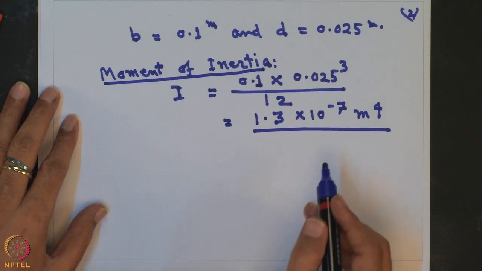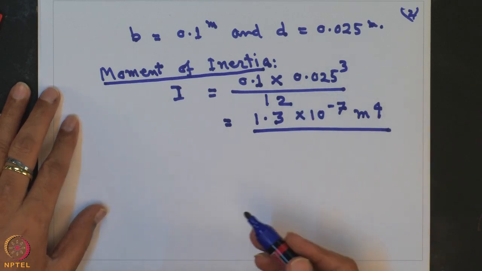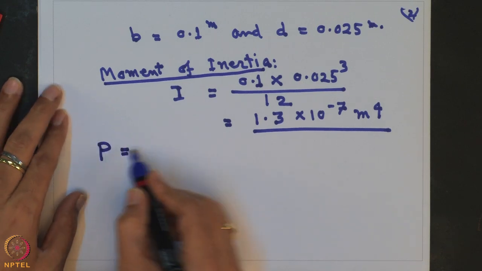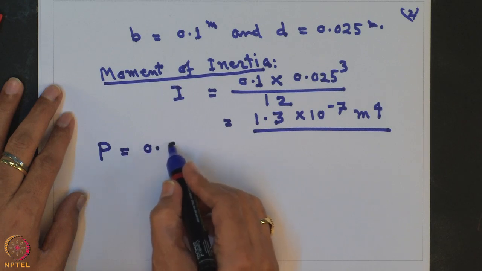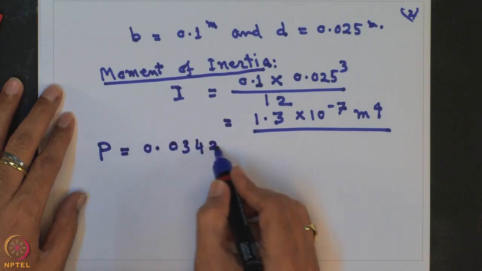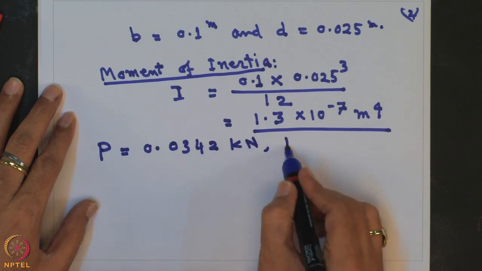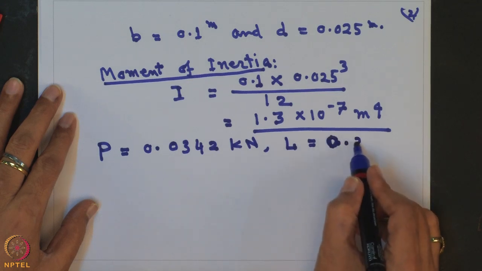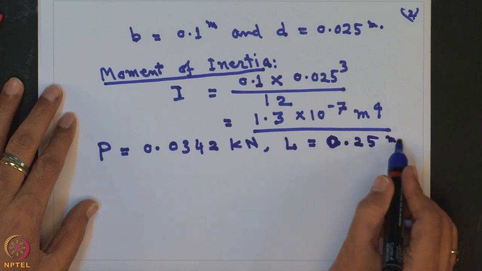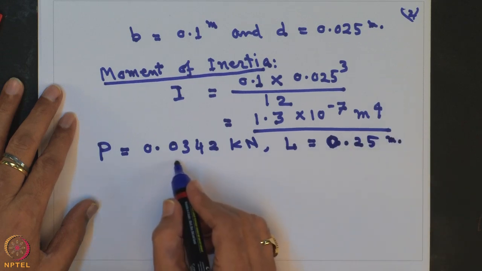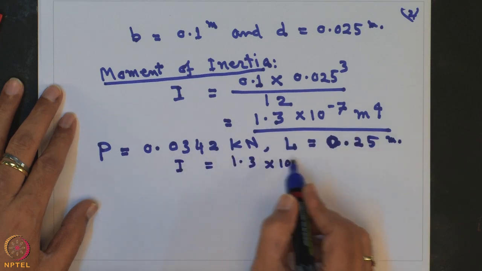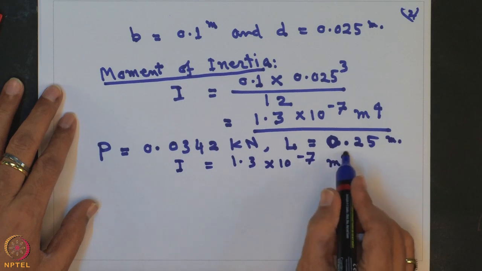Next we will calculate the elastic modulus. For this, P is equal to 0.0342 kilonewton, L is equal to 0.25 meter, and I is 1.3 into 10 to the power minus 7 meter 4.